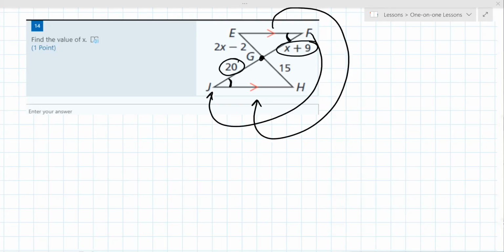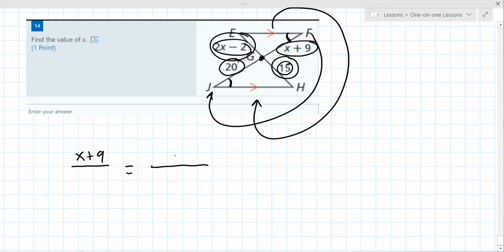Same thing here with this 2x minus 2. It goes with the 15. So again, if that isn't clear, we're saying that the x plus 9 goes with the 20, and the 2x minus 2 goes with the 15.